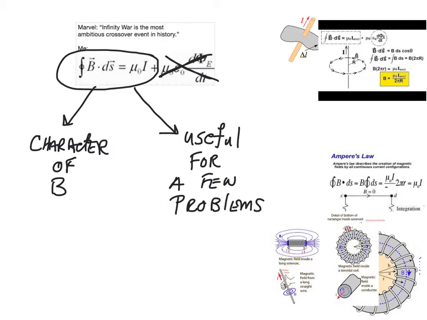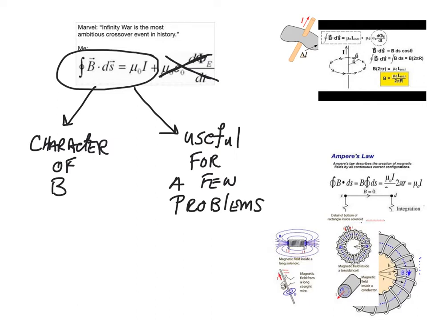This is much like Gauss's law. Gauss's law is really more important because it captures the character of the electric field, and is useful a little bit. Some of you, I think, got the impression that Gauss's law is very useful. No, it's more important in physics because it captures the fundamental nature of the electric field more than its usefulness in solving problems.